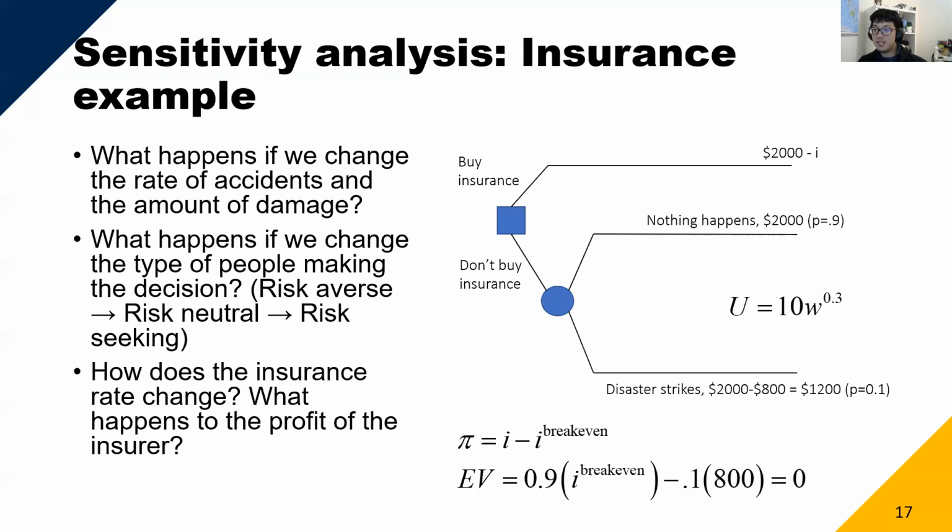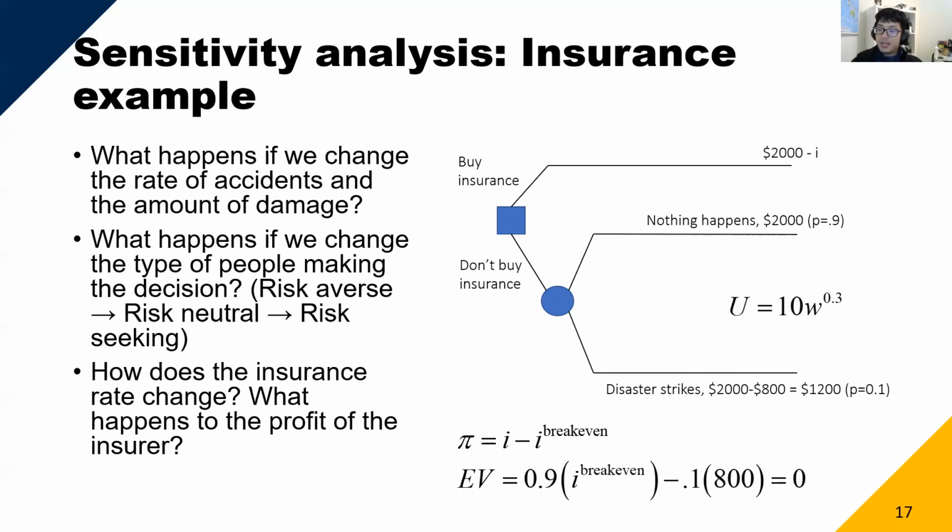If you don't buy insurance, there's some 90% probability that you just get your $2,000 payout, but then there's some probability that the disaster happens and you lose $800 in value out of this. And then we have this utility function to represent sort of the risk preference of the individual.